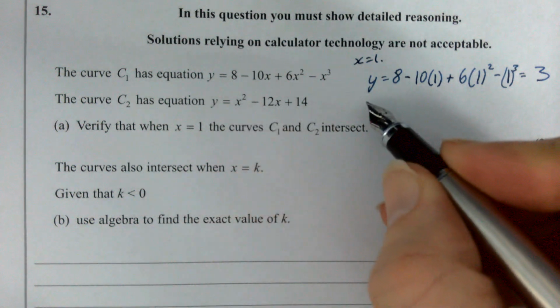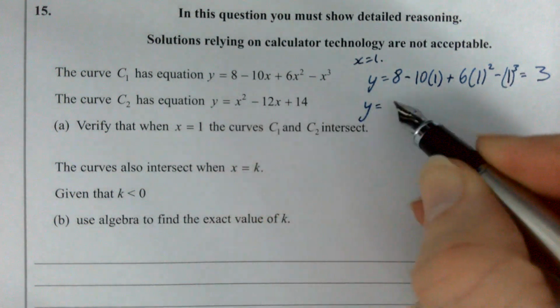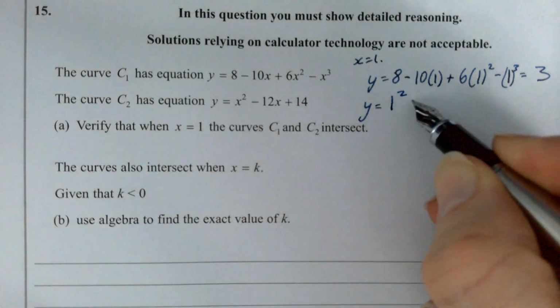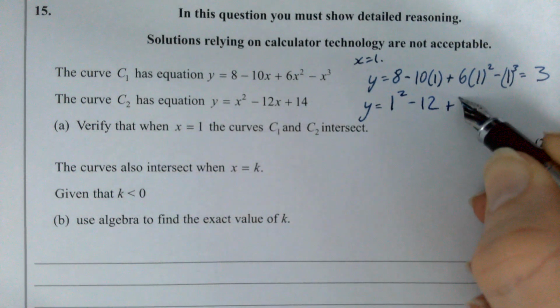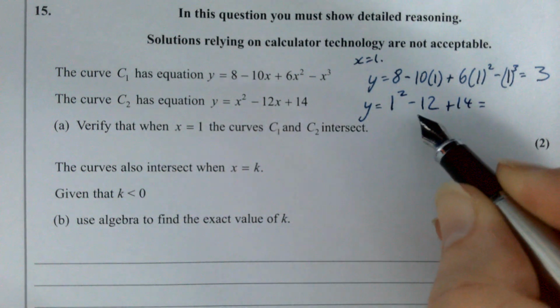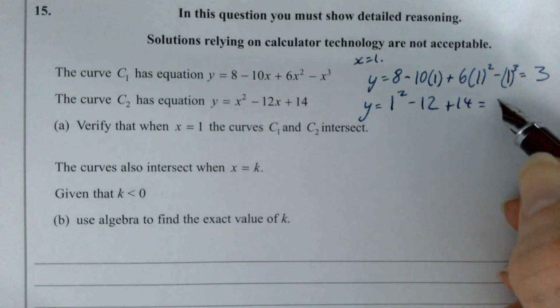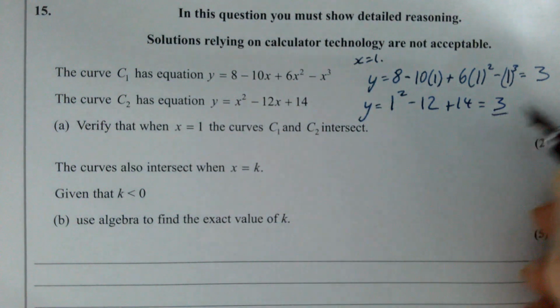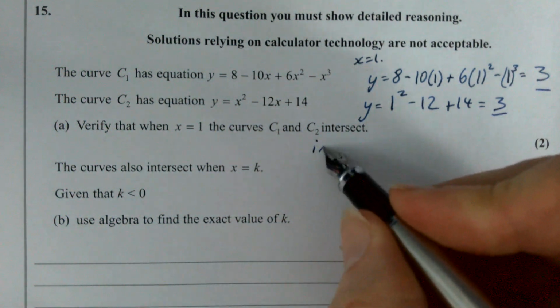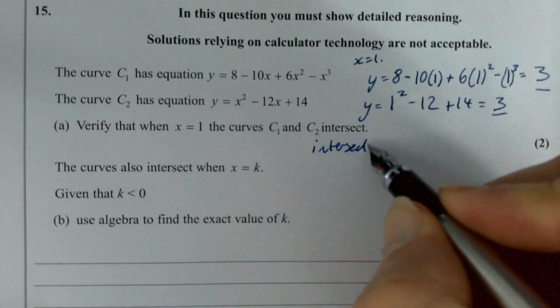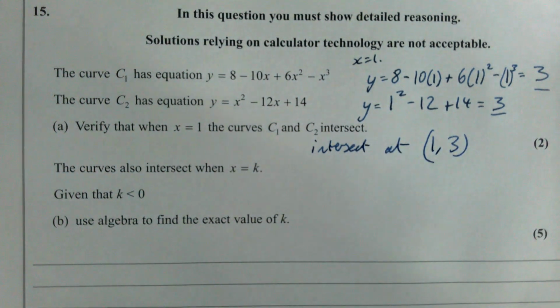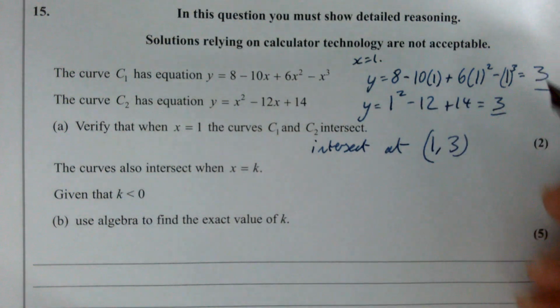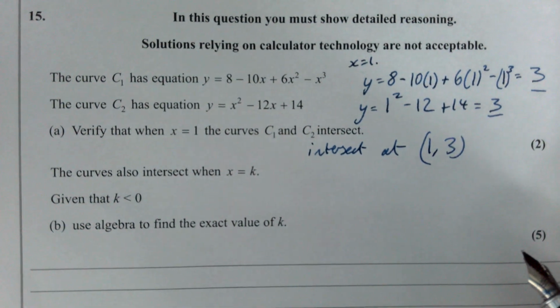And then for this one, you've got y equals 1 squared minus 12 times 1 plus 14, which is also equal to 3. So because they're both that, you can even say they intersect at (1, 3), but this is what you're getting the marks for, showing that they both produce the same number.